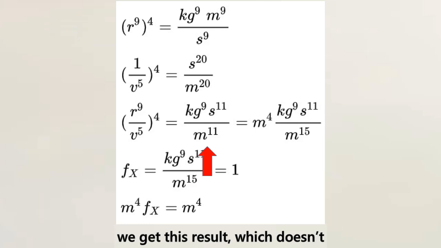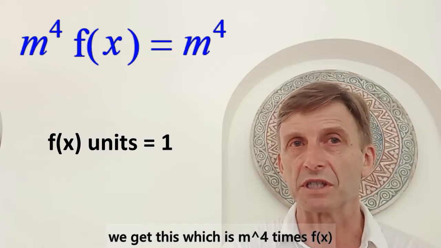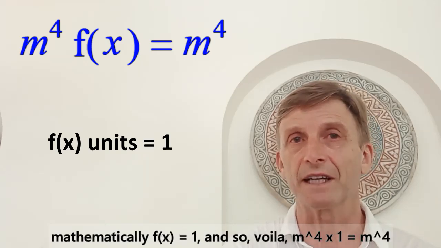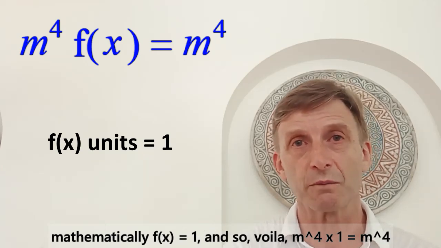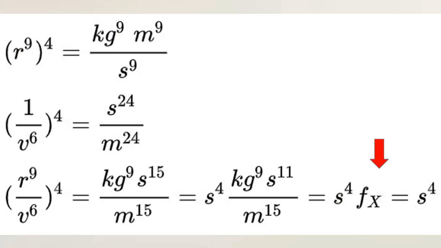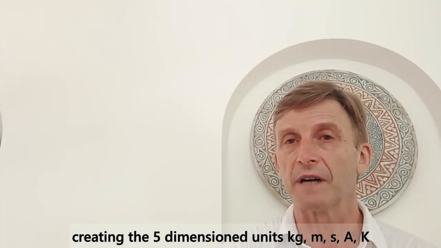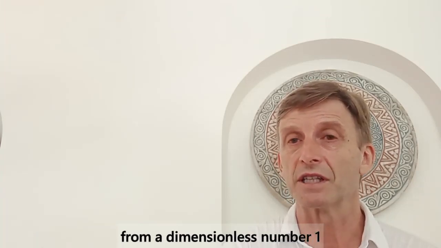We get this result, which doesn't look like length or anything else. But if we take m4 out, we get this, which is m4 times fx. Mathematically, fx equals 1, and so, voila, m4 times 1 equals m4. The same works with S4. The programmer has solved the problem of creating the 5 dimensioned units from a dimensionless number 1.